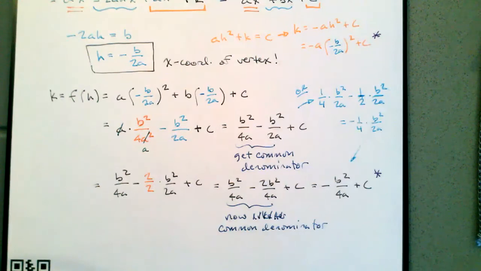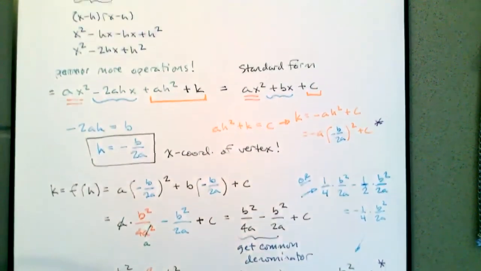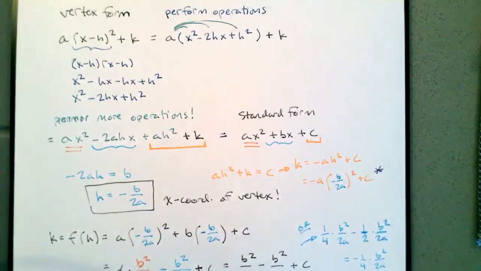Now, is all this stuff that you have to memorize? No, absolutely not. You do not want to remember that k is negative b squared over 4a plus c. You do want to remember that h is negative b over 2a. We don't want to remember it just because that's the formula, but because if we take the vertex form and multiply it out, we should be looking at the standard form.